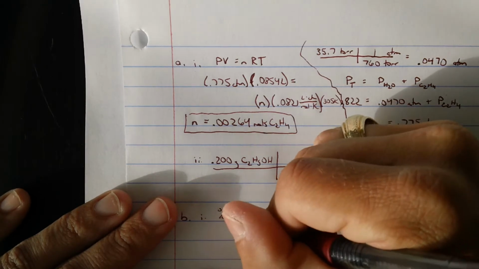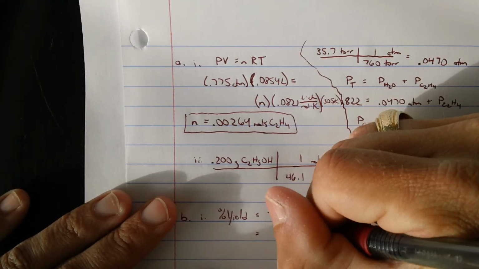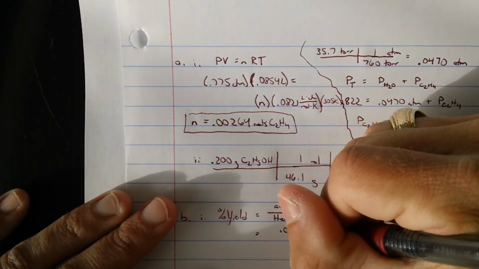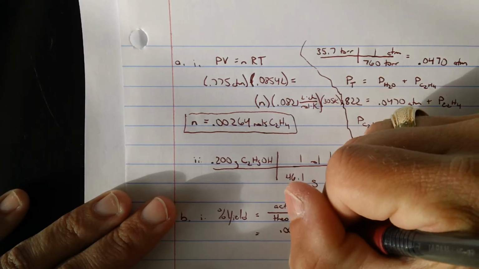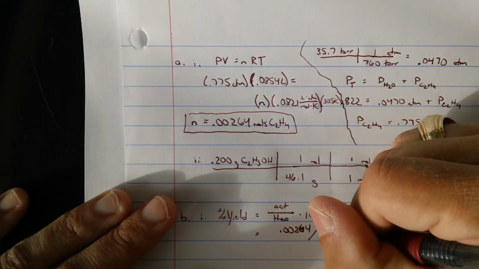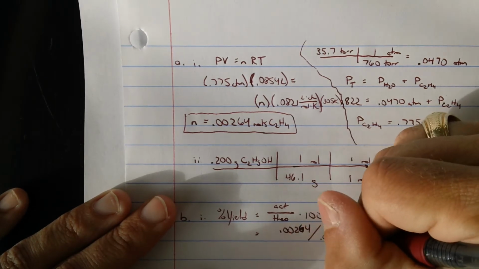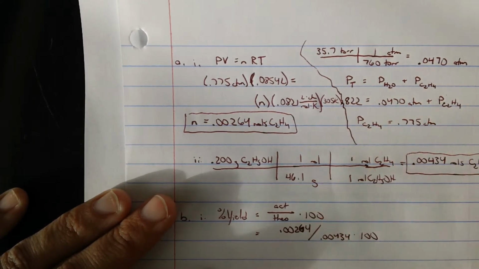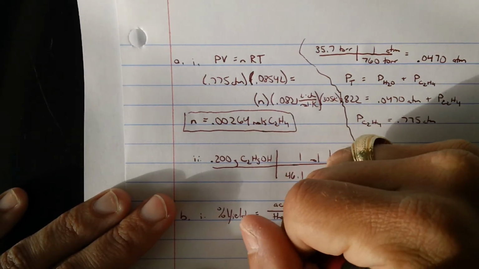And so the 0.00264 divided by the 0.00434, all times 100, should give us a percent yield of 60.8%.